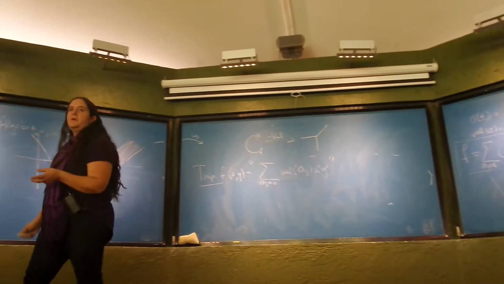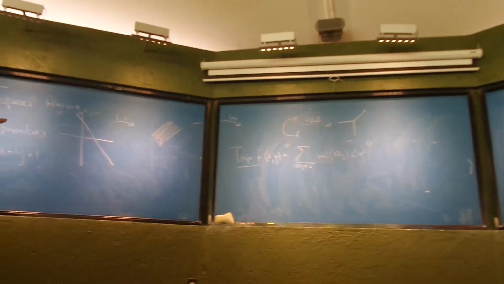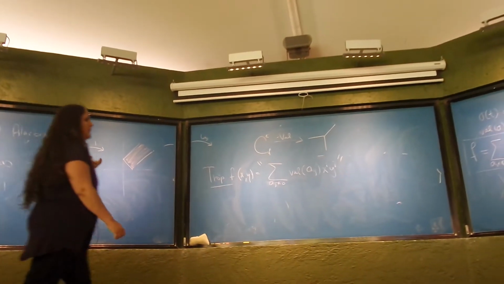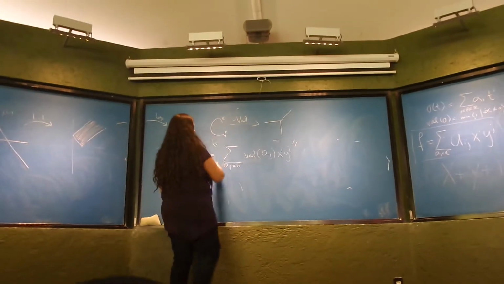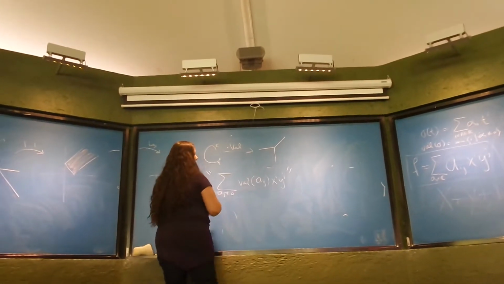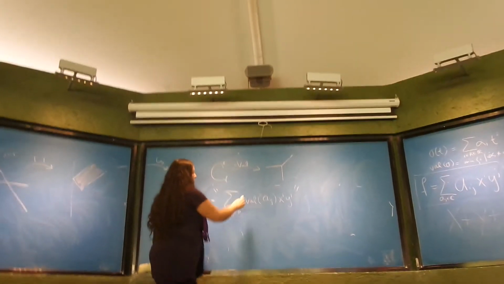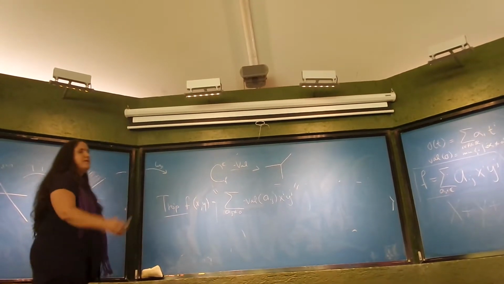Given a polynomial with coefficients in these series, I can have a new polynomial, a tropical one, whose coefficients are the valuations of the coefficients of the other one.